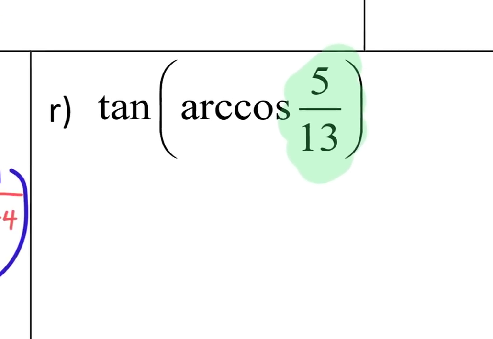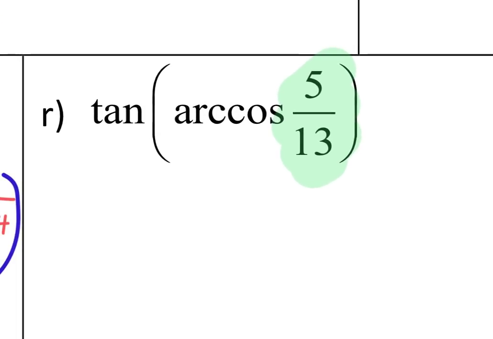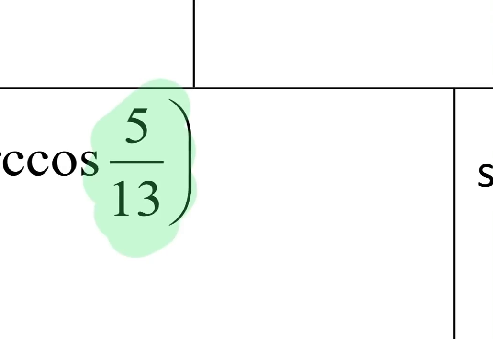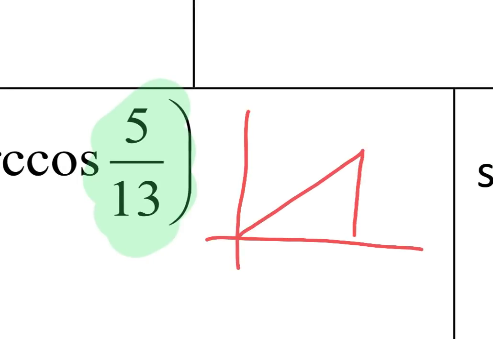In letter R, we have a positive input into cosine. And a positive input means that we're going to have a first quadrant triangle. And so a first quadrant triangle is going to look like this. Theta near the origin, right angle on the x-axis.